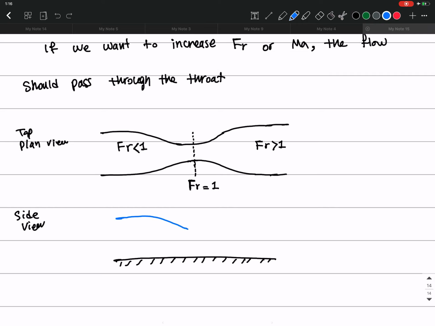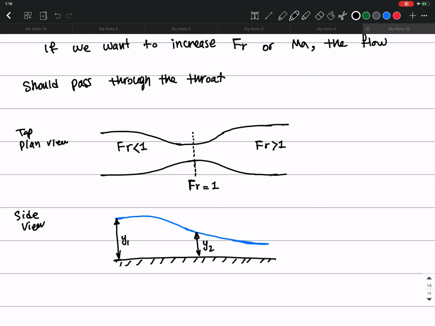It continually decreases. And here we have Y1, and here we have Y2. Okay.